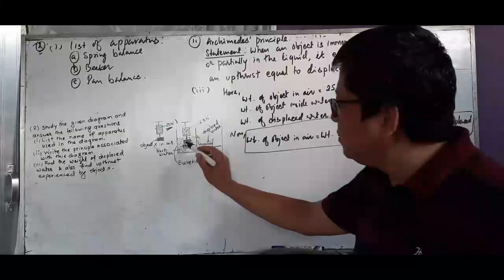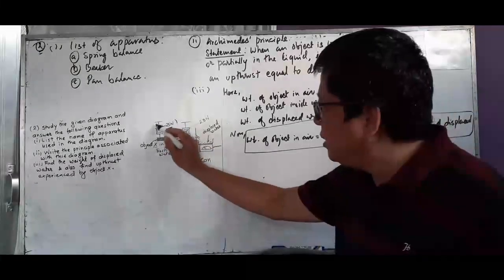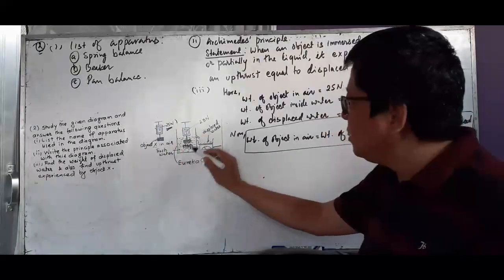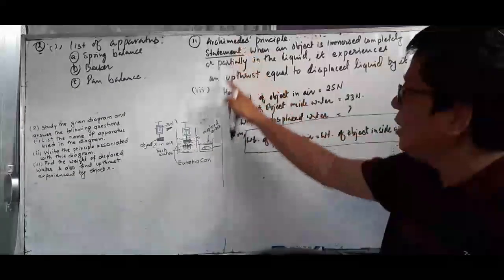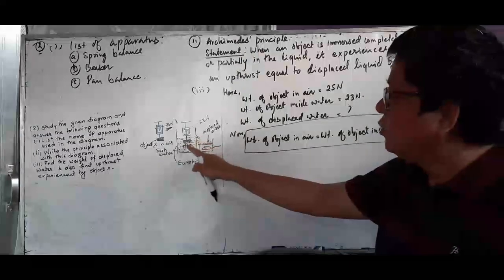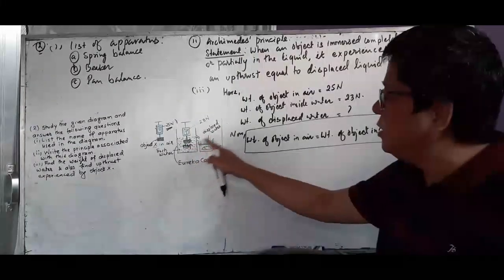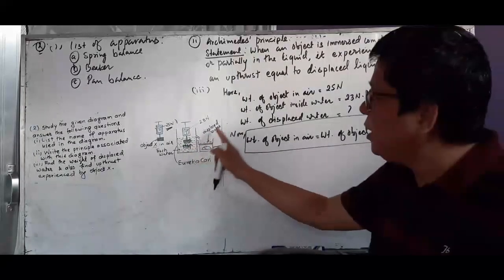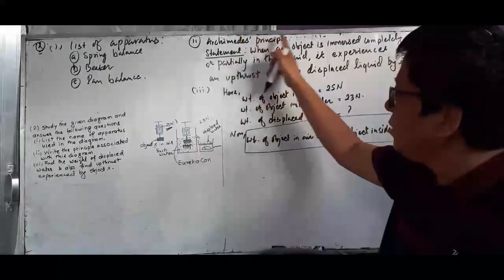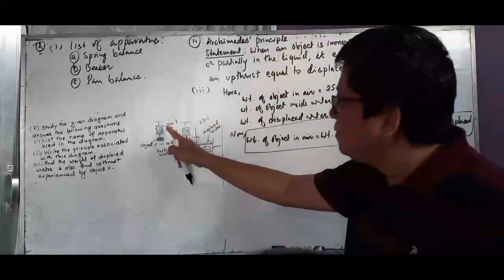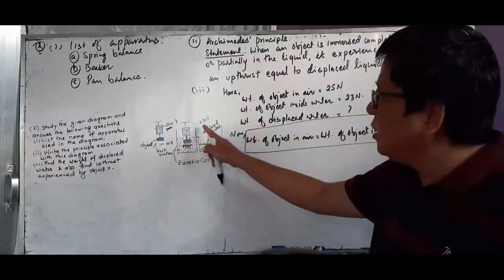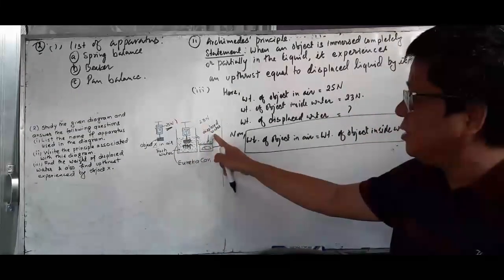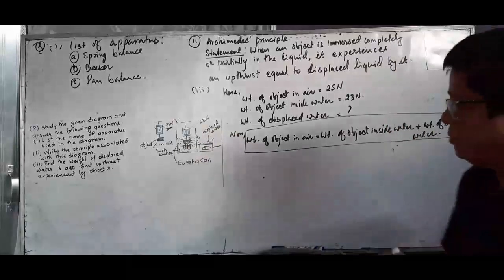The upthrust reduces the weight of the object, and this upthrust is equal to the weight of displaced water by Archimedes principle. That is why 25 minus 23 equals the weight of displaced water or upthrust.